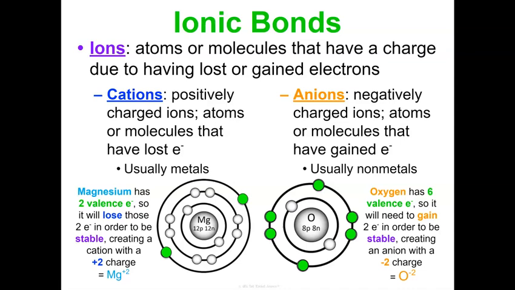And what that creates is a positive charge. And oxygen is willing to take on those 2 electrons. And when it takes on electrons, now it's going to have a negative charge.